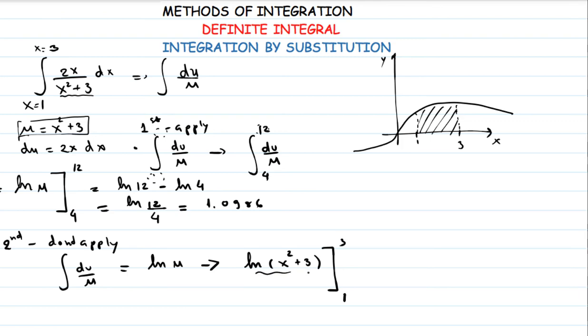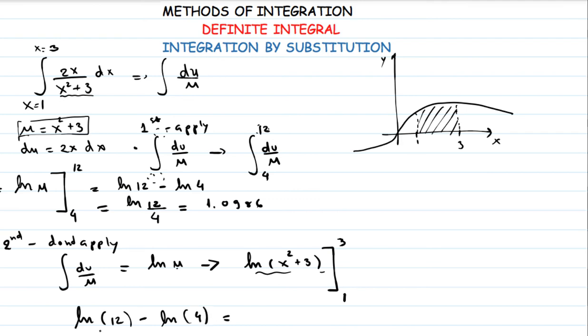See, this is now expressed in terms of x. We are replacing all the u's with this, and then our limits are going to be from 1 to 3, which were our initial limits of the function with respect to x. So this is going to give us natural log of, you're going to use the upper limit, 3 squared, which is 9 plus 3, you're going to have 12, minus natural log, you apply 1 in place of x, 1 squared plus 3, it's going to give you 4.